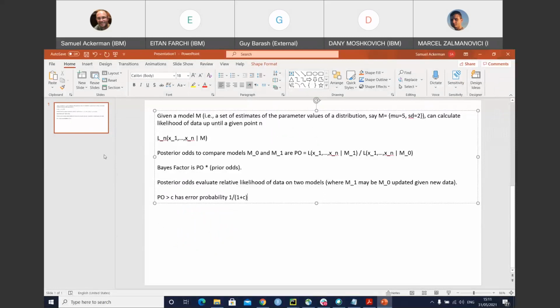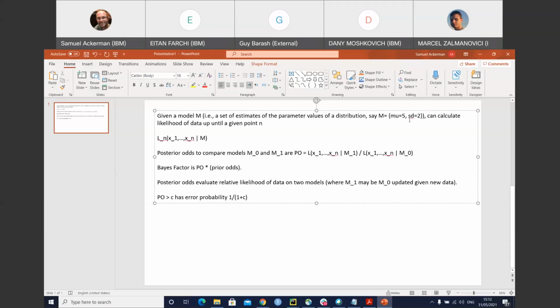You have a given model, for example, it could be conjugate, maybe beta, and a model consists of the estimates of parameters of a given distribution. In the normal case, the model might be that mu is 5 and the standard deviation is 2. For beta, it would be alpha is something and beta is something else.